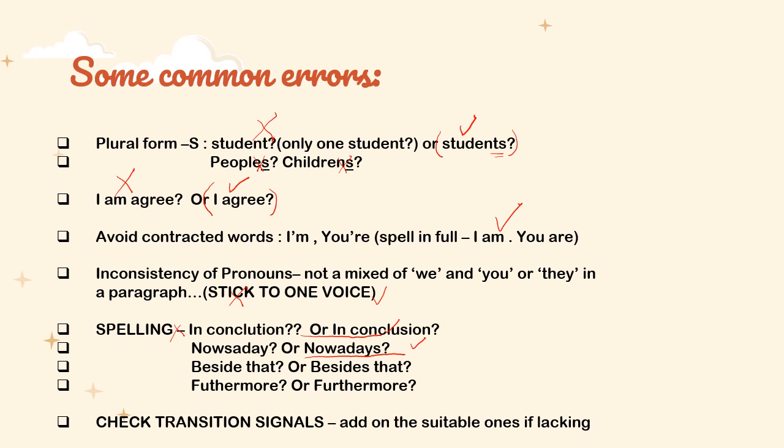But if you put beside that, it means, I'm sitting beside, next to somebody. Beside means sebelah. So this is not sebelah, kan? You are actually trying to mean tambahan lagi. So besides that would be correct. Furthermore, with the R is correct. Without R, it is wrong.